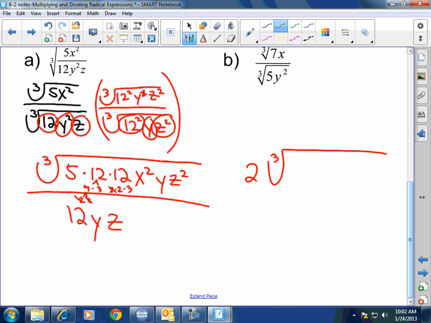And I have left over a 5, 2 3s, and a 2. So 5 times 6 times 9 is 45. Times 2, so that's 90. And then I got x squared, y, z squared, all of it over 12y z. Take a second to absorb that. That's as hard as it can get.